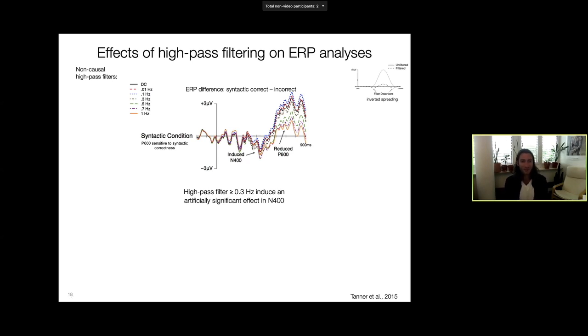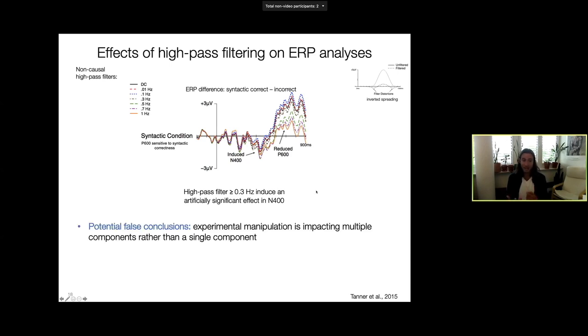If you use high-pass filters with a cutoff frequency higher than 0.3 Hertz, it induces artificially significant effects in the N400, which is actually not the case if you use low cutoff frequencies, which is in red or blue. So this might lead to potential false conclusions by the researcher, namely that the experimental manipulation is impacting multiple components rather than just a single component.